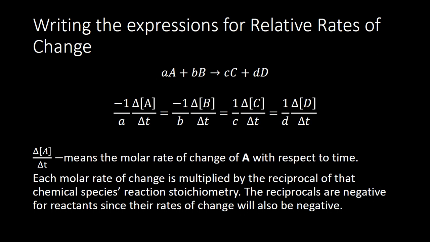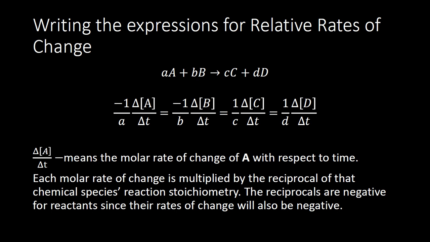We can't just have a rate of production which is positive, multiplied by a positive fraction, equal a negative rate of consumption multiplied by a fraction, unless we make that fraction negative.